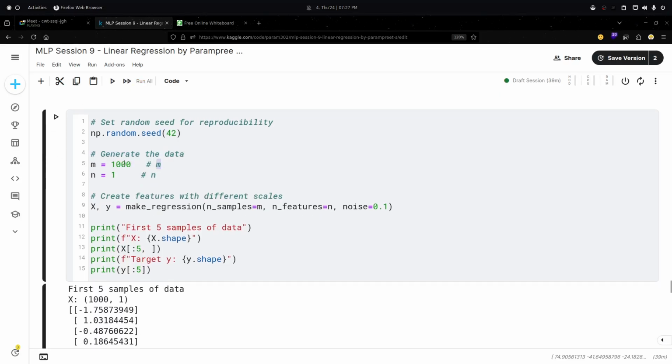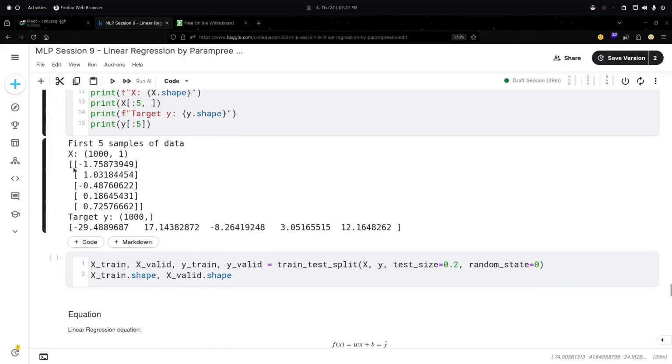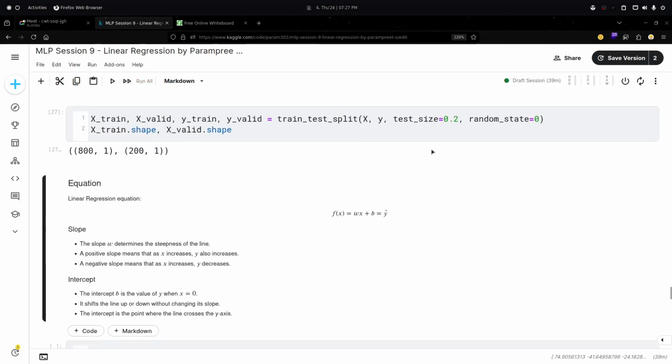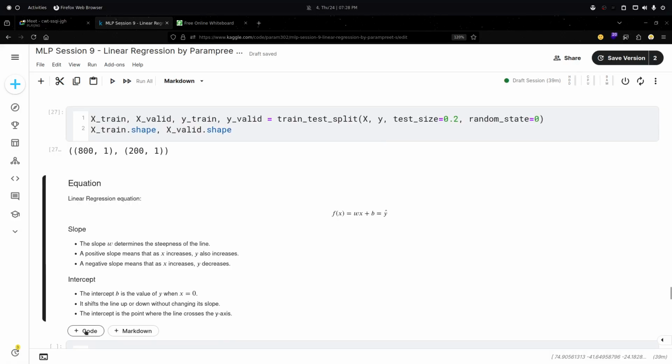Here we have 1000 samples and their respective y values, and we only have one feature, so in the array we only have one value. We are splitting the data set into training and validation sets. The linear regression equation is wx plus b. This is what we are implementing right now.